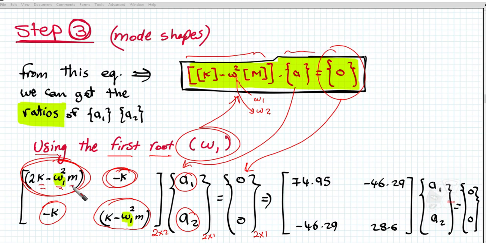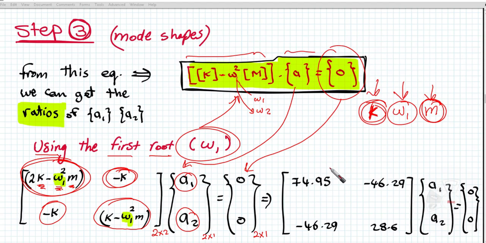Numerically, we know k, we know omega 1, we know m. Everything is known from the previous slide. We know m, which is the masses of the floors, omega 1, the natural frequency associated with the first mode, and K, which is the story stiffness.